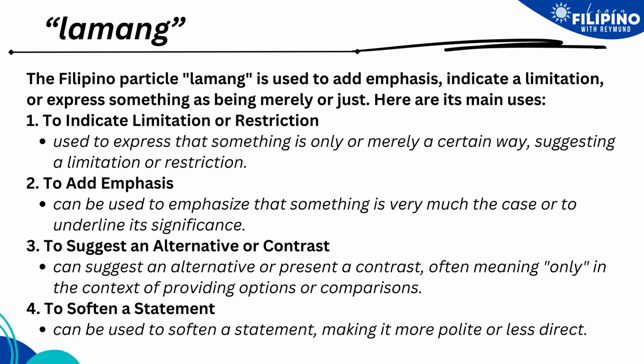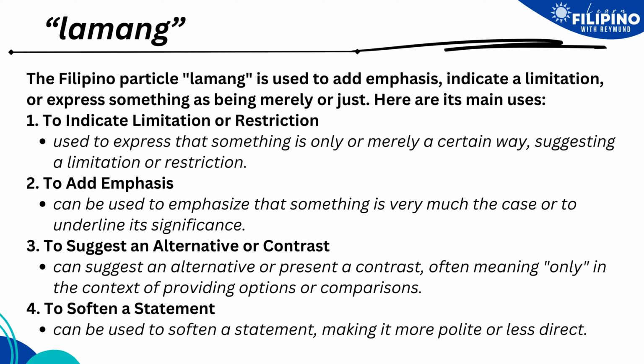There are four. The first one is to indicate limitation or restriction, to express that something is only or merely a certain way, suggesting a limitation or restriction. The second one is to add emphasis. It is used to emphasize that something is very much the case or to underline its significance.